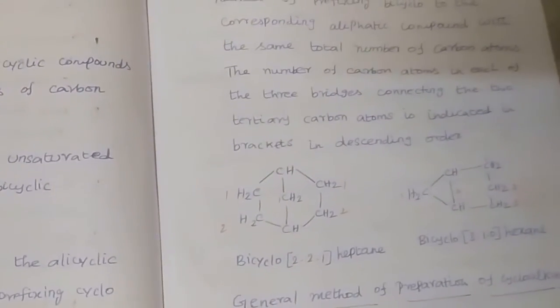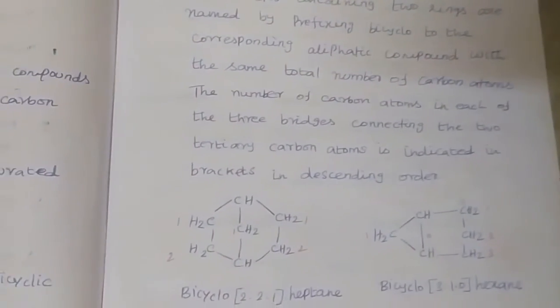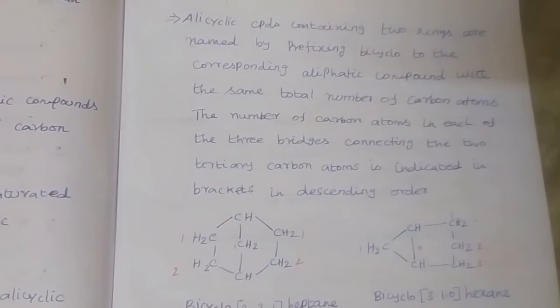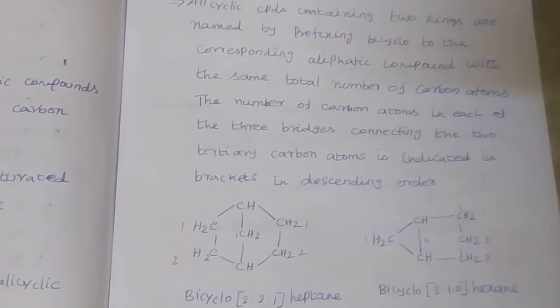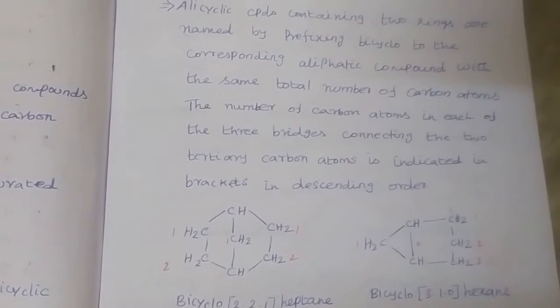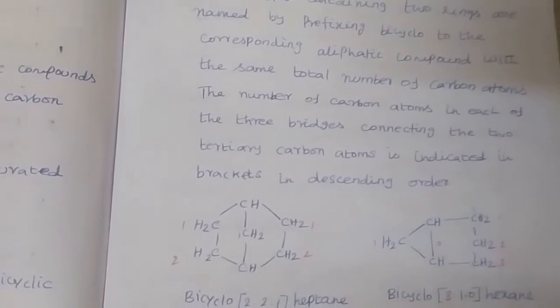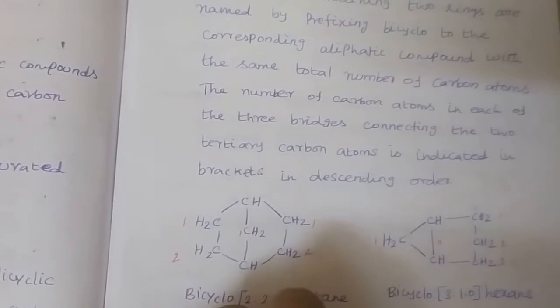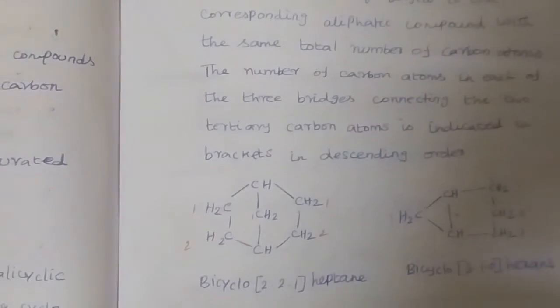Suppose in the case of bicyclic, you add bicyclo in the prefix to the corresponding aliphatic compound, and also the number of carbon atoms in each of the 3 bridges.